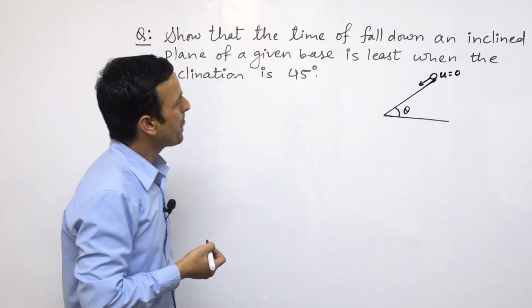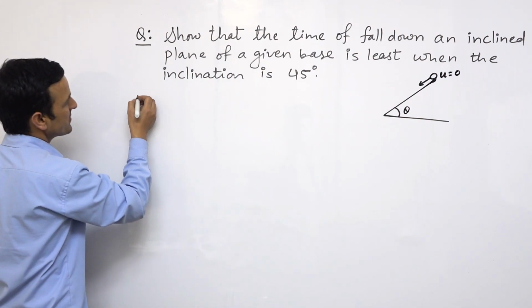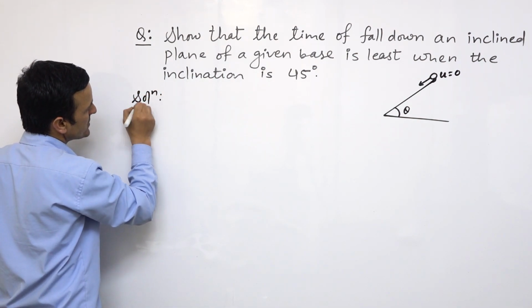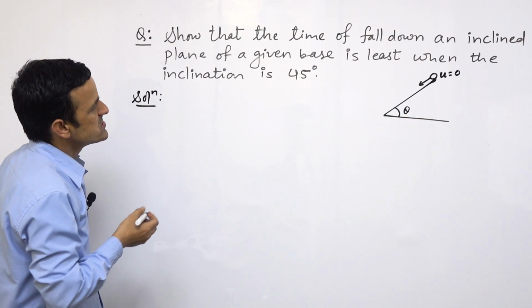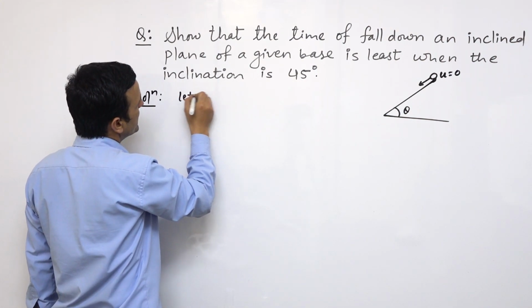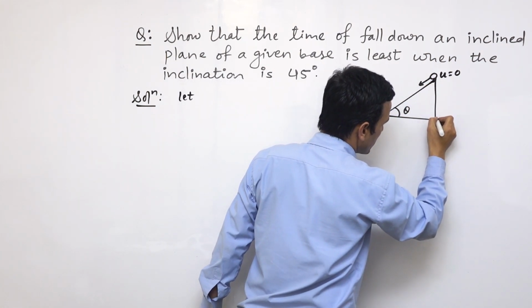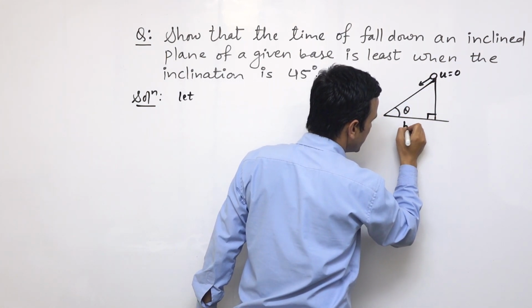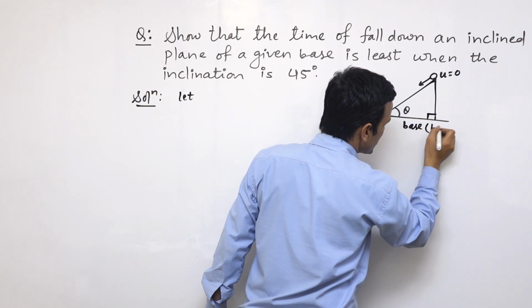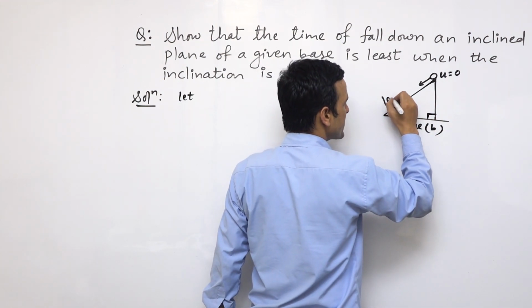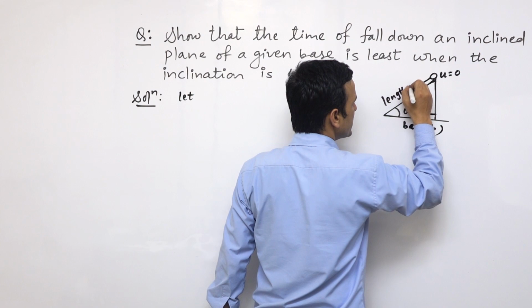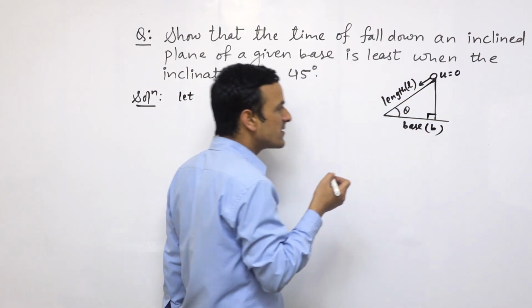It is theta, and let's write down this one solution. So let theta be the, so this is, suppose this is, let's draw the right angle triangle. This is base is denoted by B, and it is a length, and length is denoted by L.